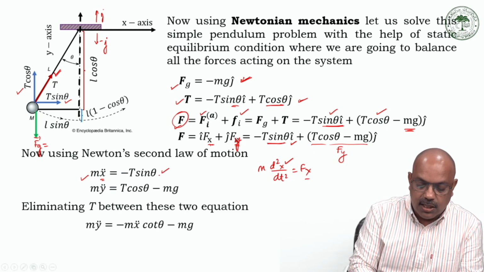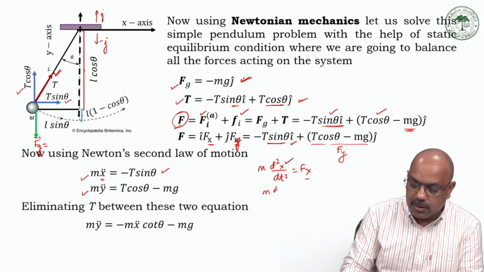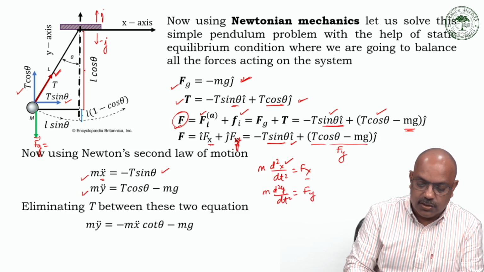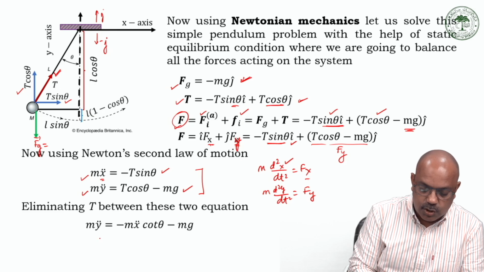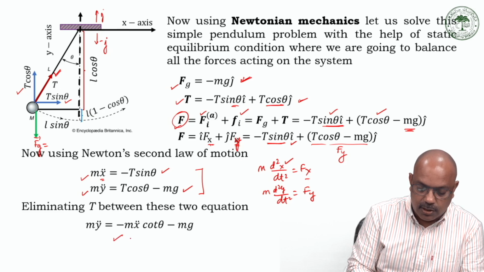Similarly I have m d2y upon dt square is my Fy. So I can solve these two equations, and this is what you get: y double dot equals x double dot cot theta minus g.